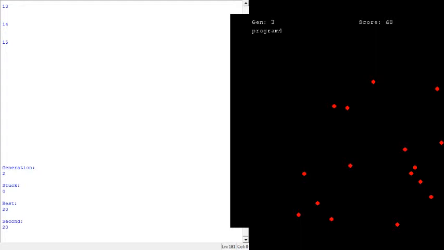So what's happening is the variables that the AI are taking in are the x and y coordinates of these dots on the screen, and so there's 200 different numbers, and 30 of them are the x and y coordinates of these 15 red dots.